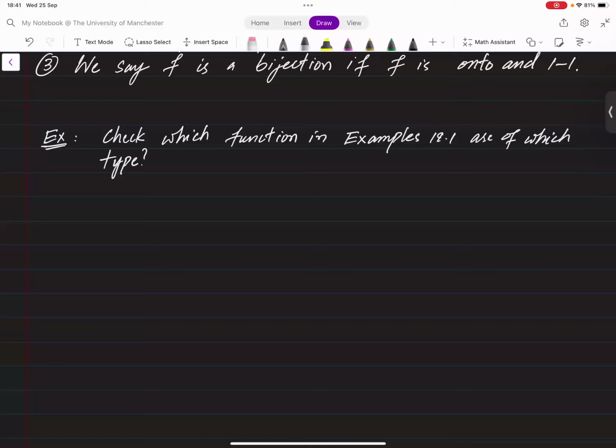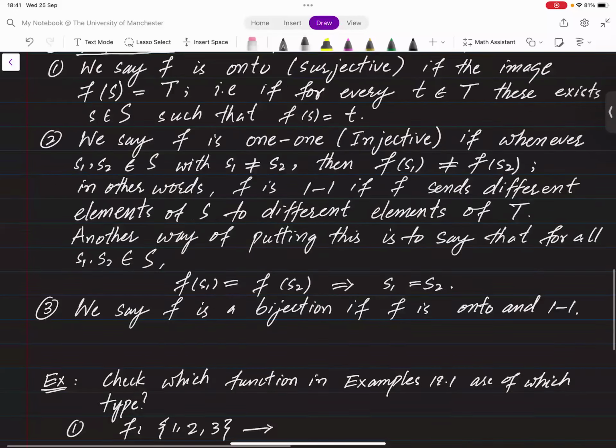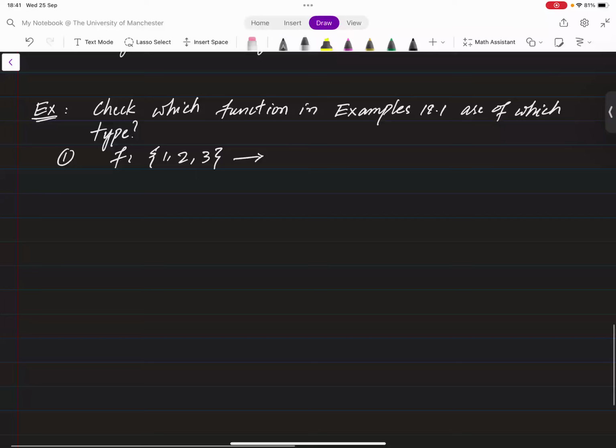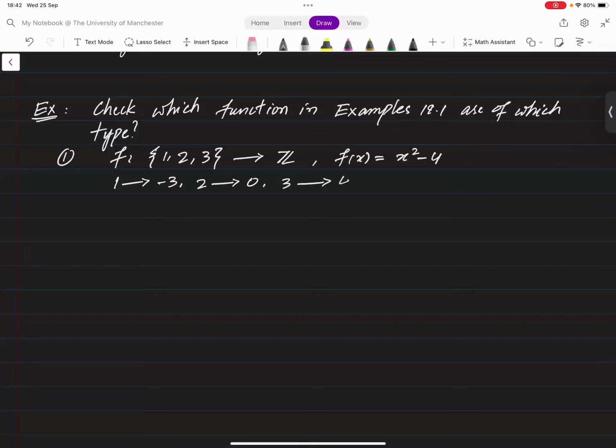So the function number one was a function that sends 1, 2, 3 to the set of integers, by the rule that f of x is x square minus 4, and you can see that 1 goes to -3, 2 to 0, and 3 to 5.